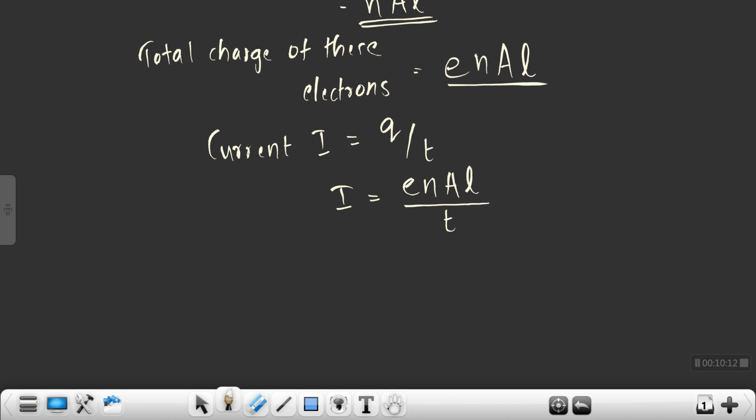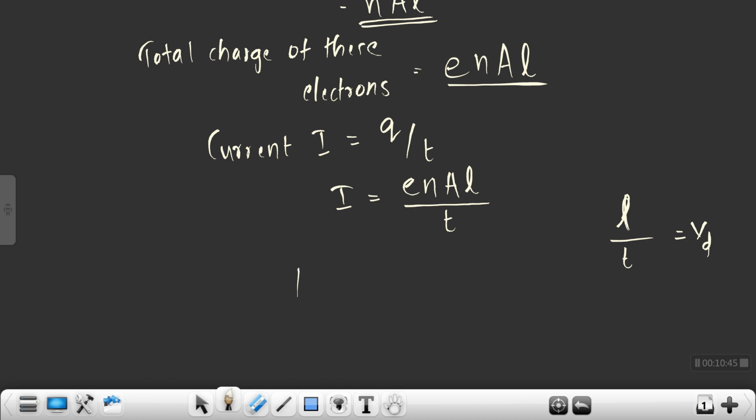And here we know that L by t is equal to Vd. Here we take L as the distance because in this conductor the electron can travel a maximum distance L. So it turns out to be displacement divided by time, and displacement divided by time is the velocity. Here the velocity is the drift velocity, so L by t is equal to Vd.